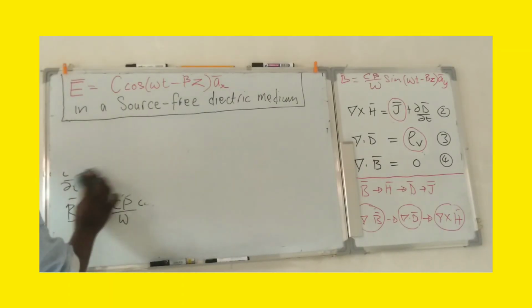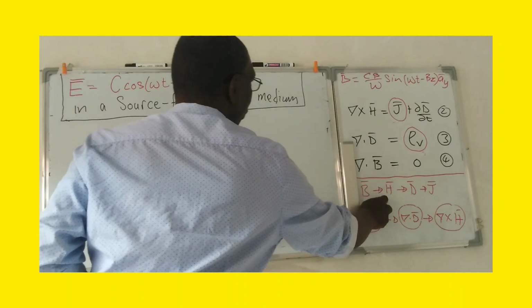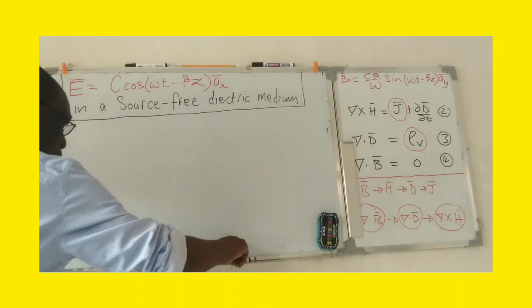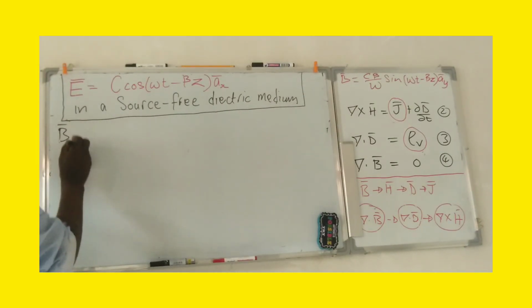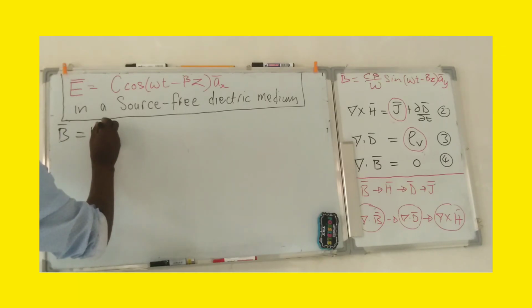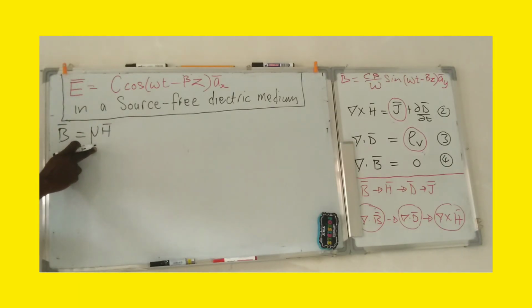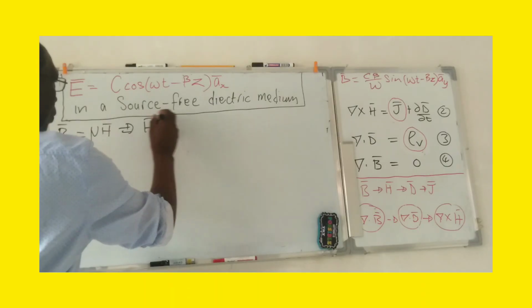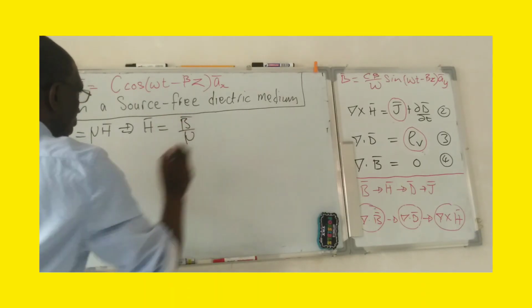Now we are going to find our H field. Now H, of course, we know B is equal to mu H, where mu, of course, is the permeability of the medium. So therefore, this implies that our H is equal to B over mu.